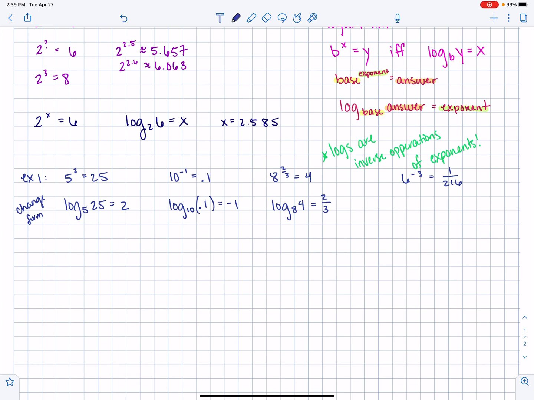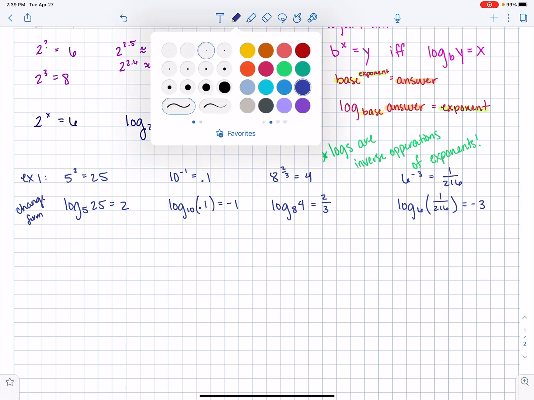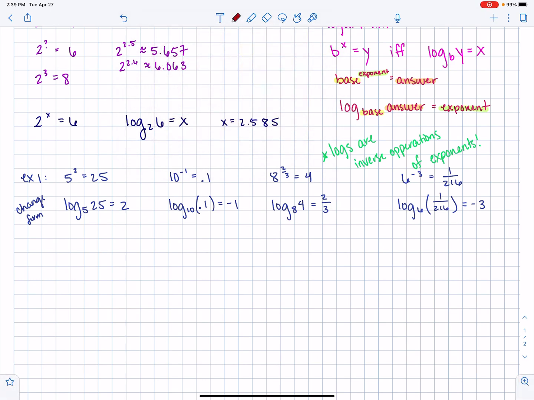And then our last one here, log base 6 of 1/216 is equal to negative 3. So changing from logarithm to exponential, changing from exponential to logarithm form.